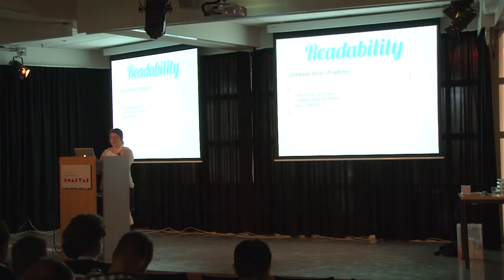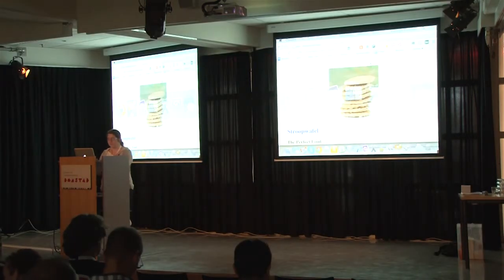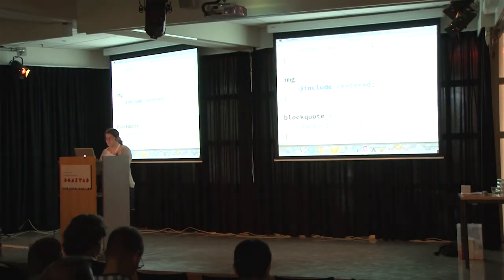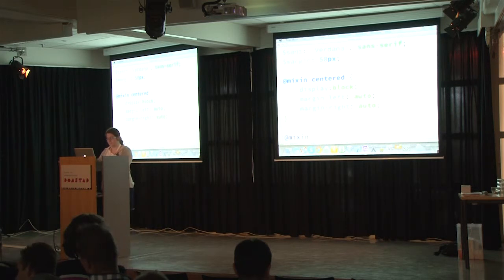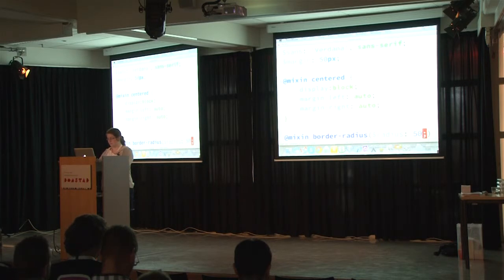Okay, so let's apply one of these to our image just to show that it can be done. And let's go with border radius. And we'll do radius, something that we can really see, maybe 50 pixels.